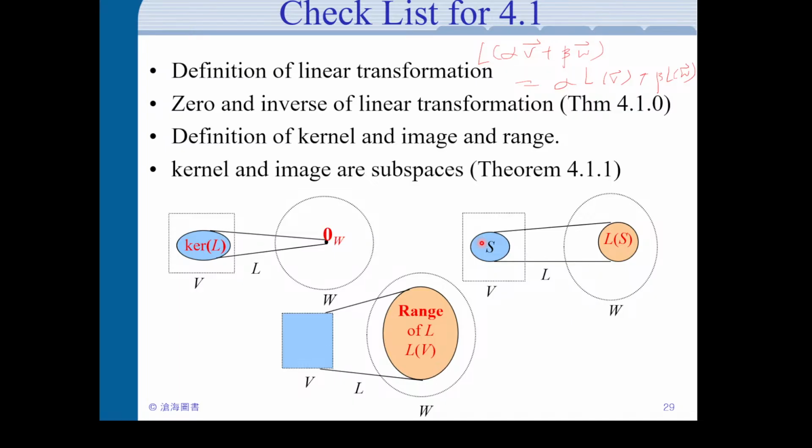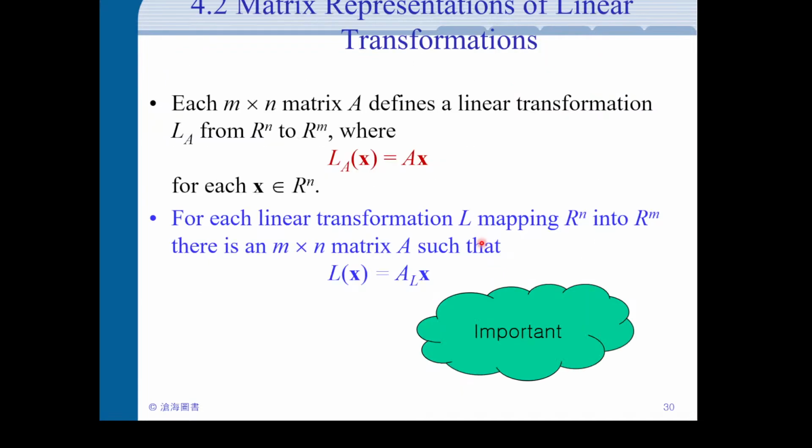So this is 4.1, and I think we are a little bit tight on schedule, so let's try to start 4.2 a little bit. Okay. So in 4.2, we want to say that now every linear transformation we want to represent as matrices. We have an m by n matrix.